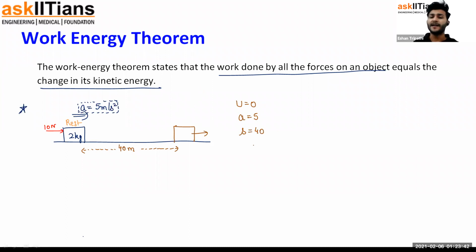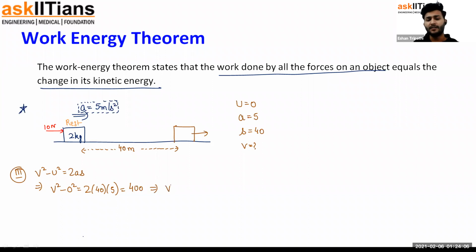We have been asked the final velocity. Which equation of motion would we be willing to use? We are going to use the third equation of motion. v square minus u square is equal to 2as. That gives us v square minus 0 square is 2 times displacement, which is 40, times acceleration, which is 5. That gives us 400.